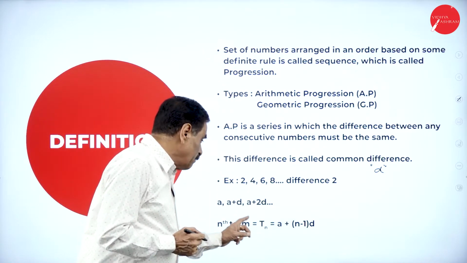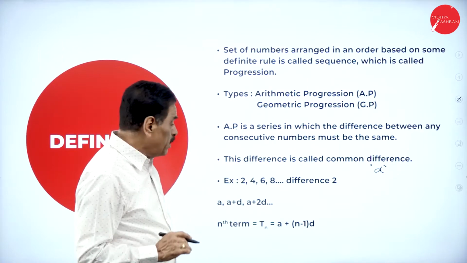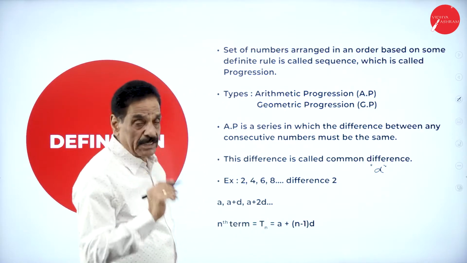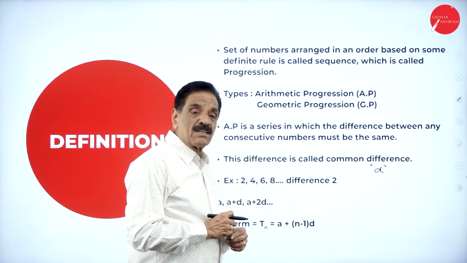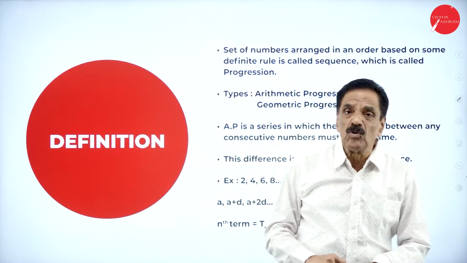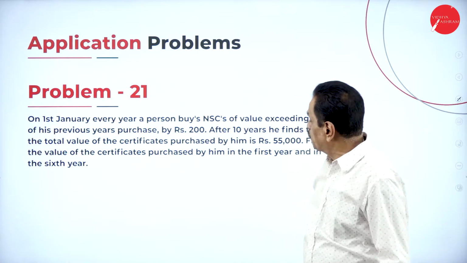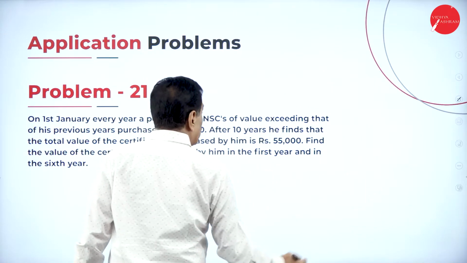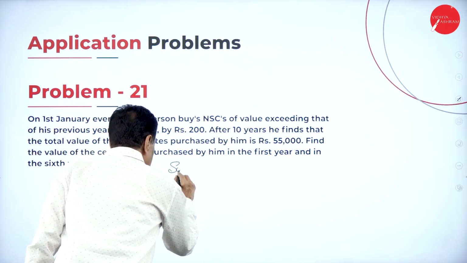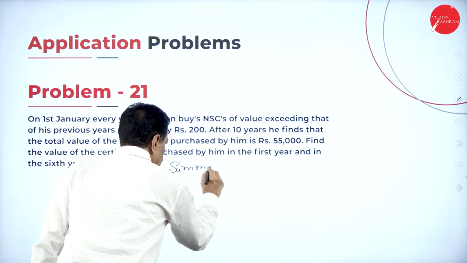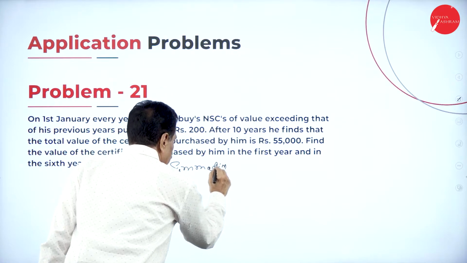So I will explain how many terms you require to find out. A is called the first term, n is called the number of terms, d is called the common difference. We'll move on to the summation. Here one word is called summation, the total.